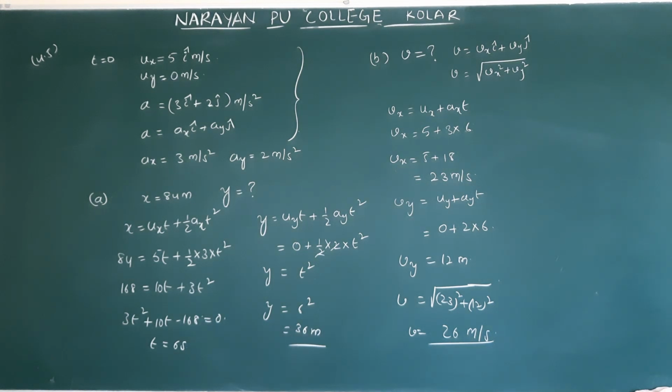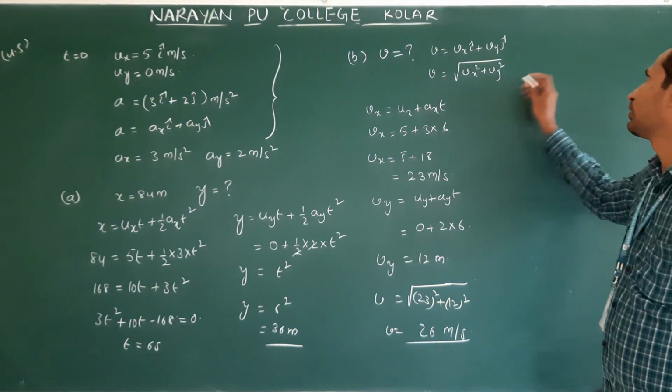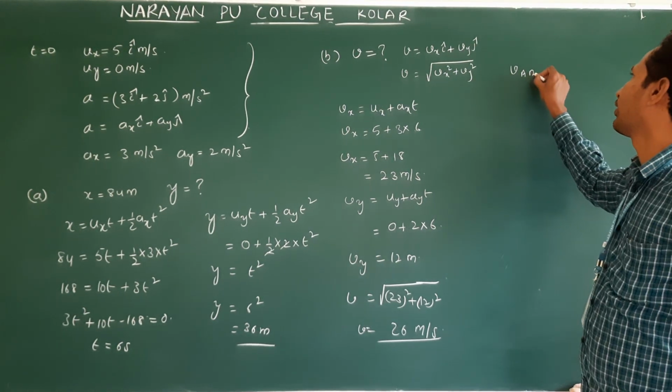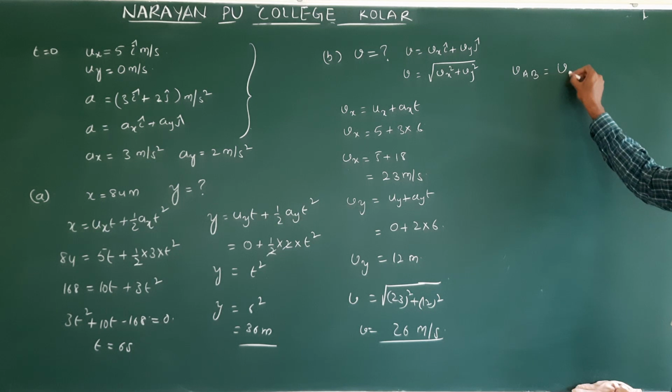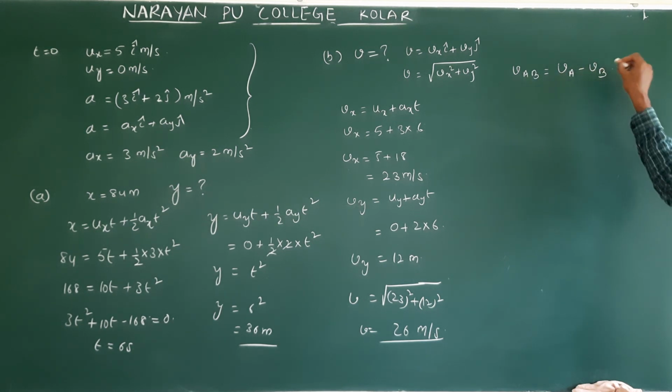What is that? Relative velocity in 2 dimensions. Already you have seen relative velocity in 1 dimension. VAB means velocity of A with respect to B. How do we write it? VA minus VB. Clear?